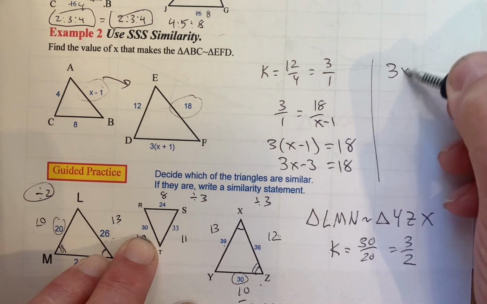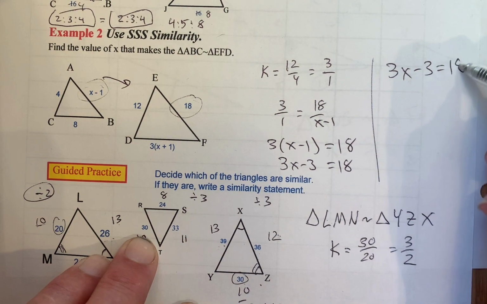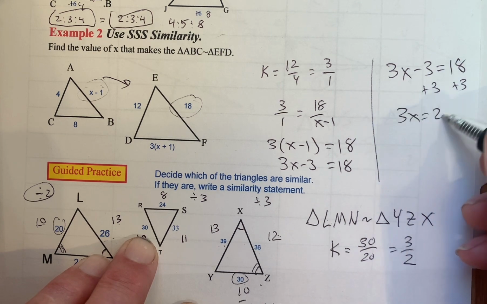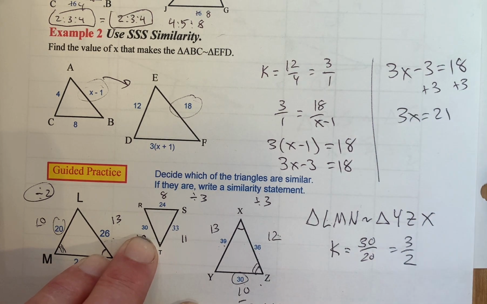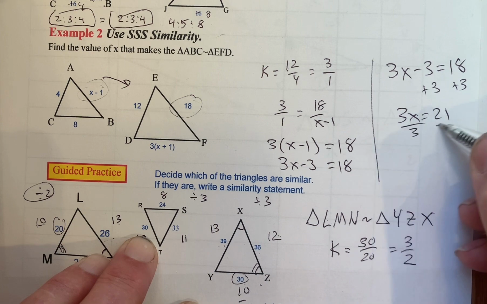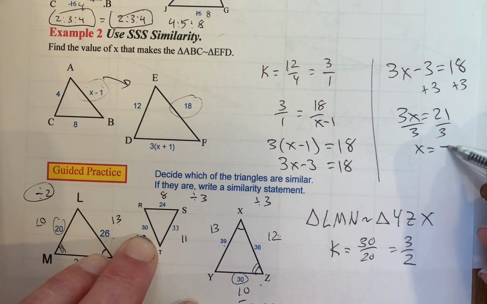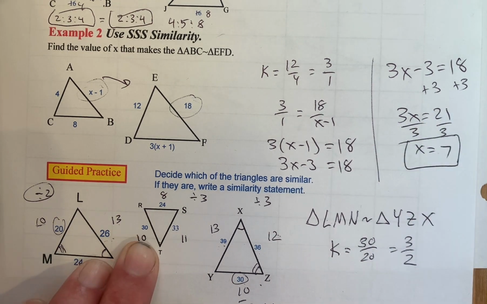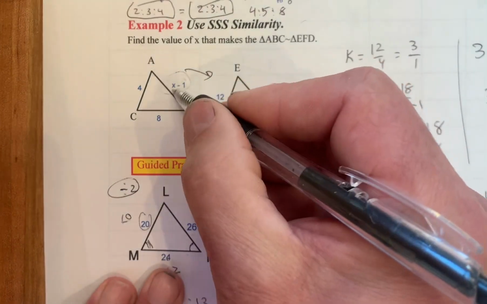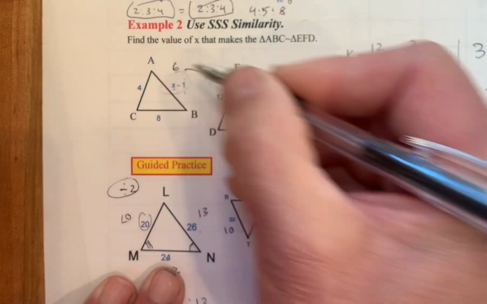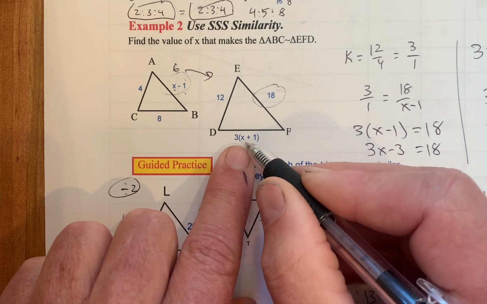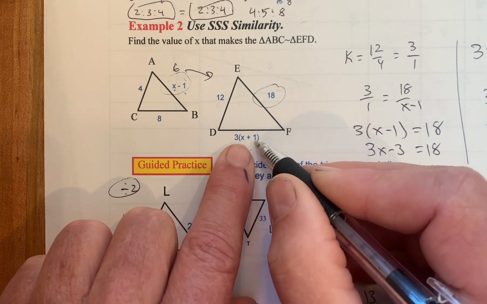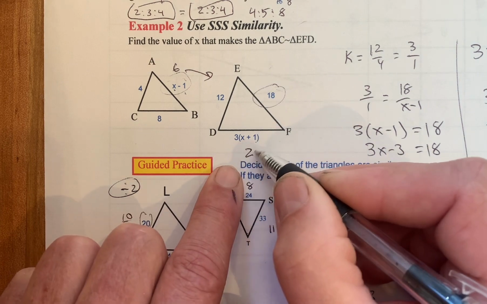Adding 3, I get 3x equals 21. Divide by 3, and x equals 7. So that looks good. That makes this side 7 minus 1 is 6, and this side 7 plus 1 is 8. 8 times 3 is 24.